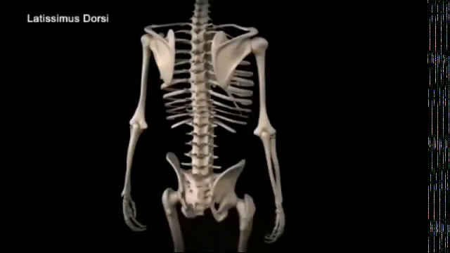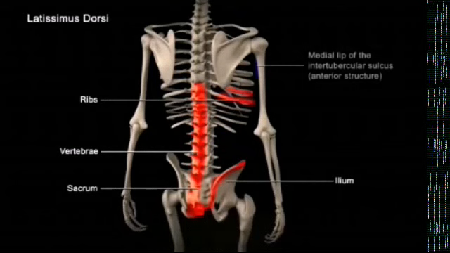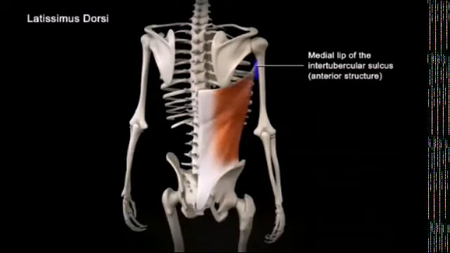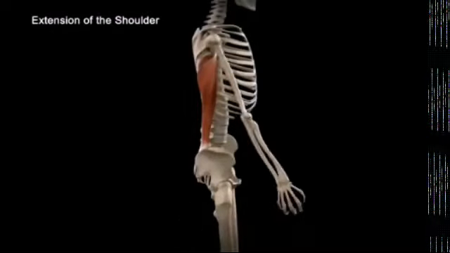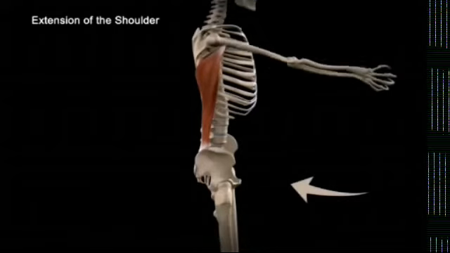The latissimus dorsi muscle originates on the spines and bodies of the vertebrae, the sacrum, the ilium, and the ribs. It inserts on the medial lip of the intertubercular sulcus of the humerus. The teres major and latissimus dorsi act synergistically to extend the shoulder.